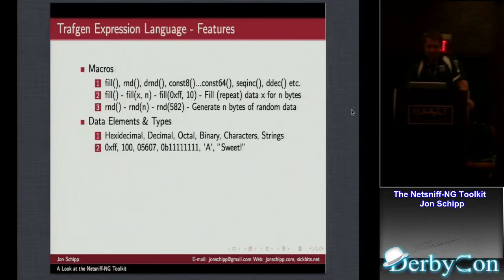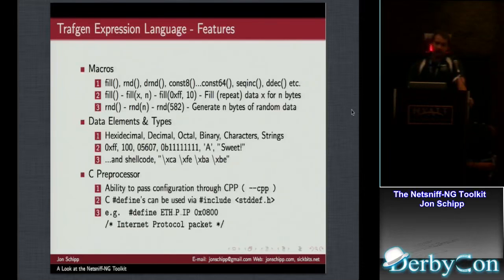So not bad. For different types that TrapGen accepts, we have decimal, hexadecimal, octal, binary, and characters and strings. So we can specify things in other ways. You don't have to use hex. This is nice. Again, we can actually use the C preprocessor by passing the -cpp option, and then we can use definitions.